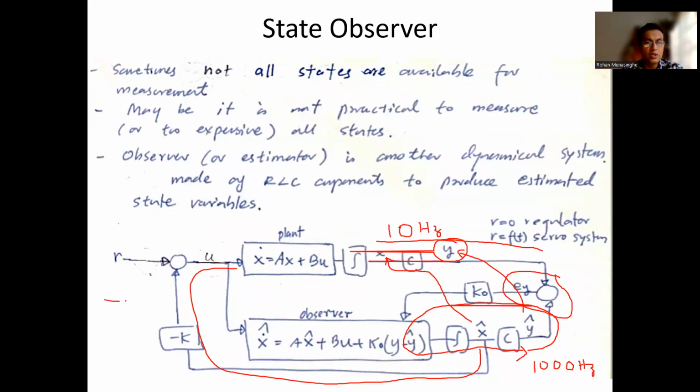So let me draw it like that. This is 100 milliseconds, or 0.1 seconds, from here to here. Y doesn't change.